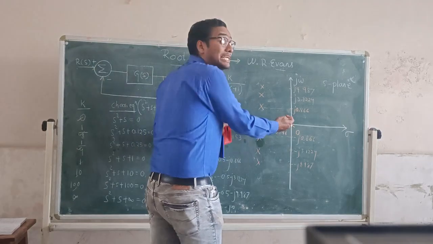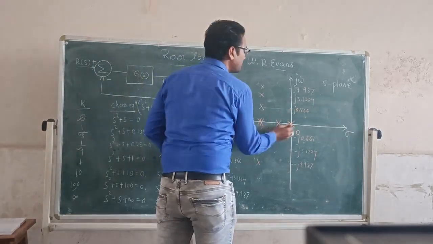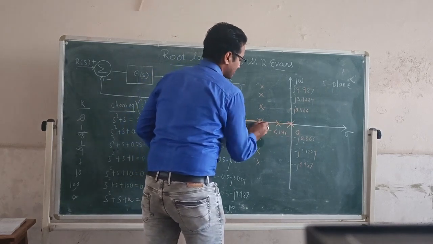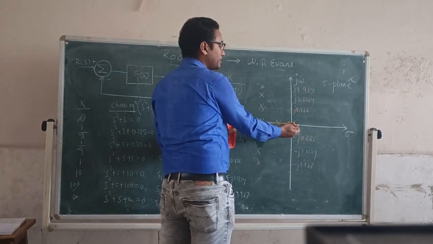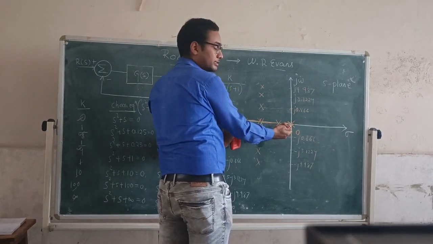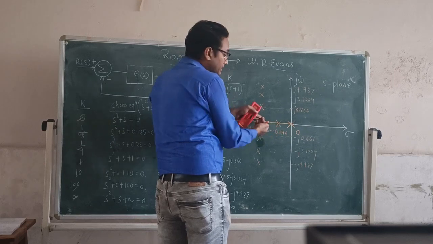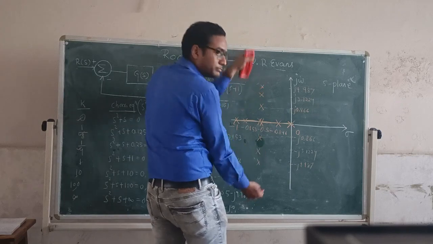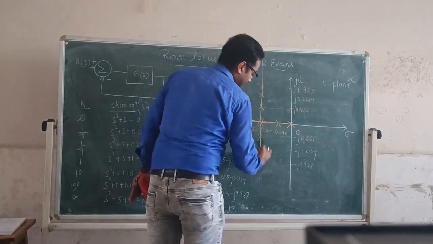Then the roots will travel to infinity. Actually, we cannot trace the path to infinity. Here k is 0. Increasing k, the roots traverse, meet here, then on increasing k further, the roots segregate and go to infinity.